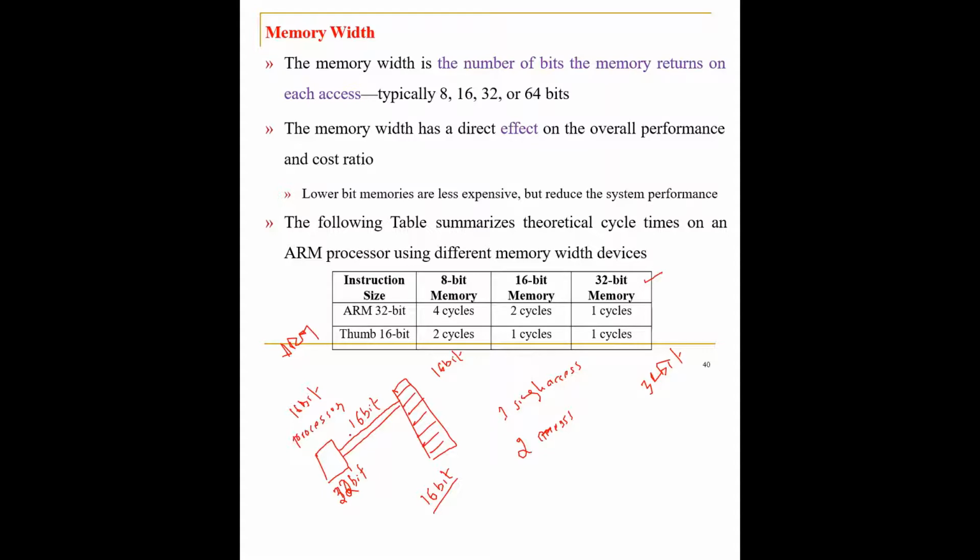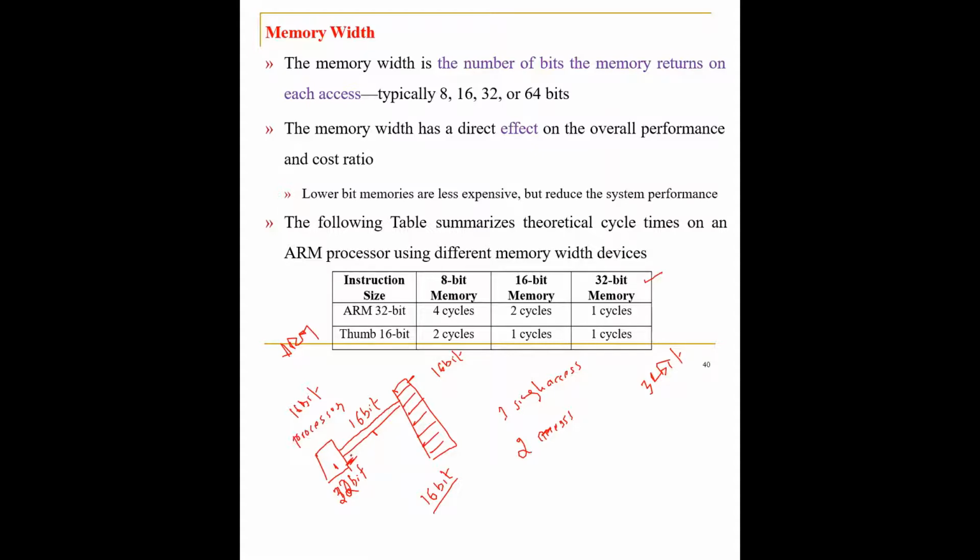So your processor needs to wait for one more machine cycle so that the 32 bits of data will come inside. So normally I select the memory based on the size of the processor, and I also select the bus based on the size of the memory and the processor, which helps me speed up the data processing by the processor.